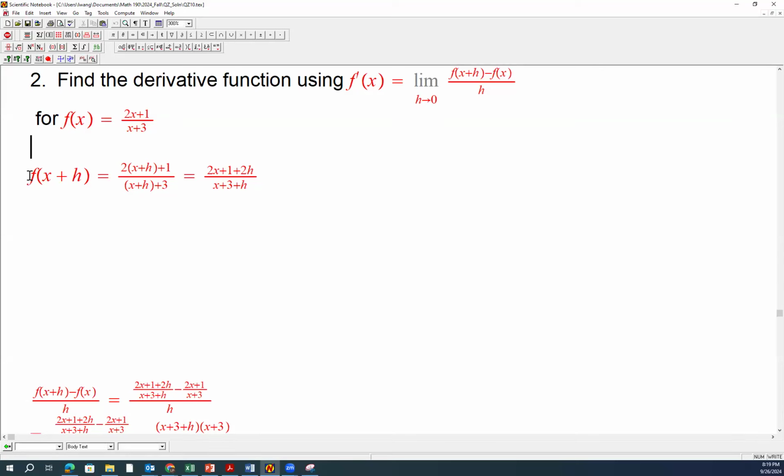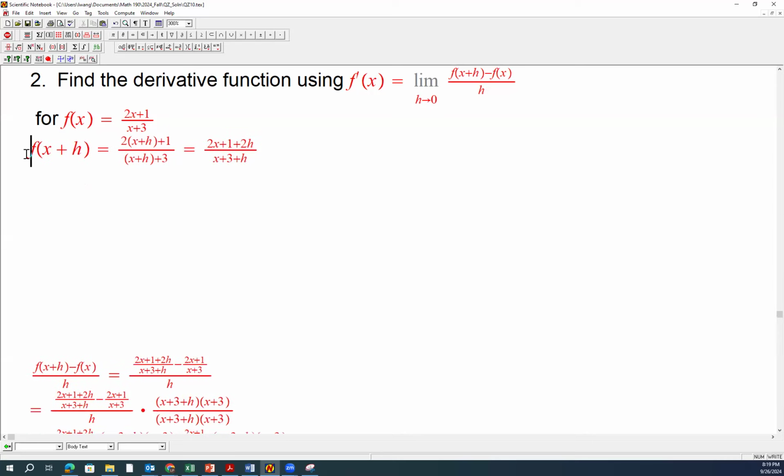First of all, we're going to make f of x plus h. If you line up with f of x, you just replace every x by x plus h. So when we do f of x plus h, every x will be replaced by x plus h.